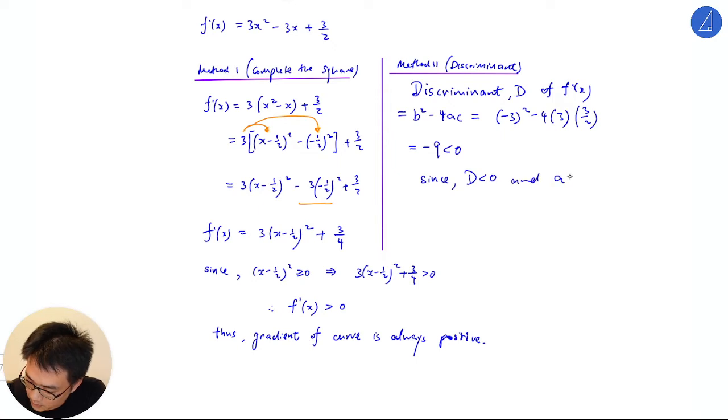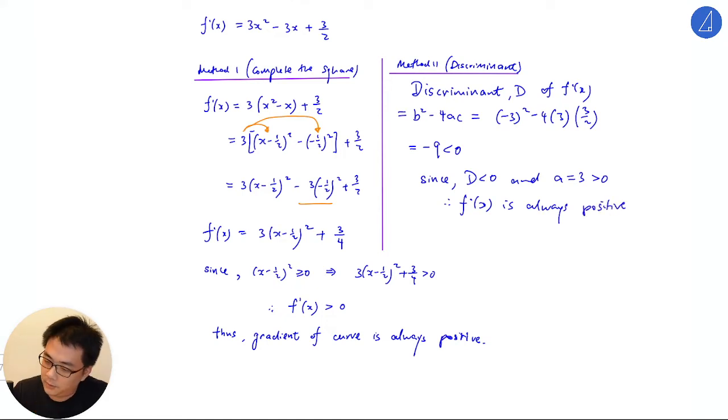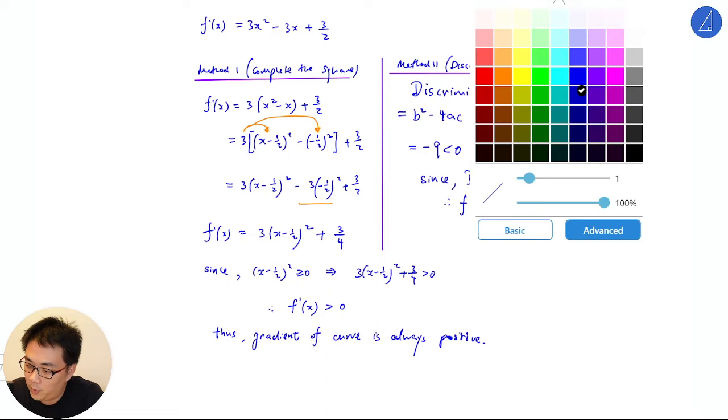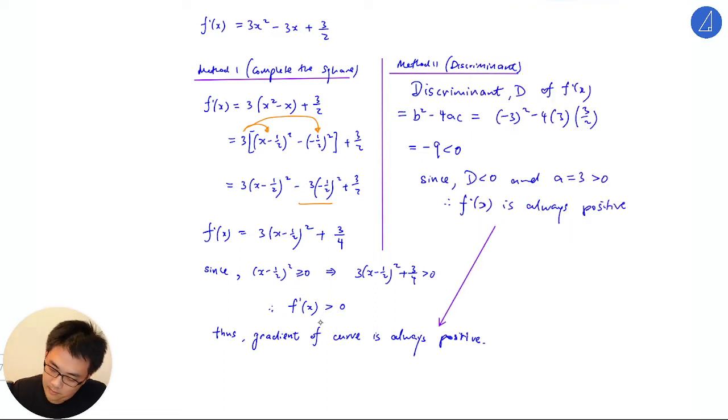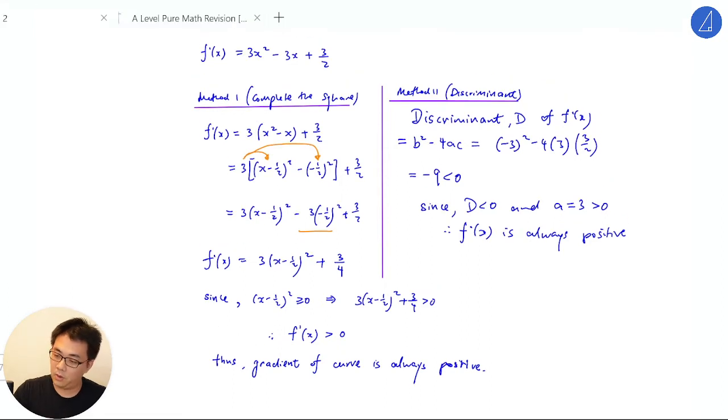And a is equal to 3, which is positive. Hence f prime x is always positive. Yeah, can also. So either way, I think both will work. Conclude.